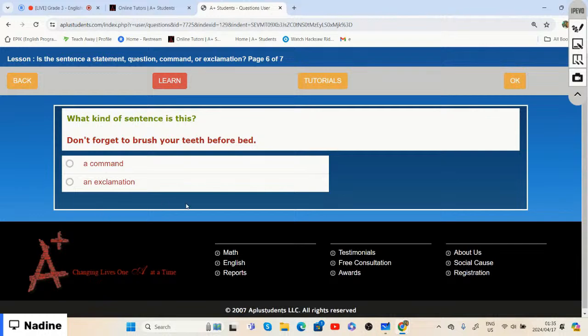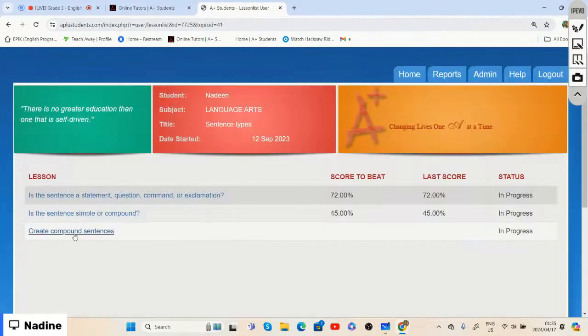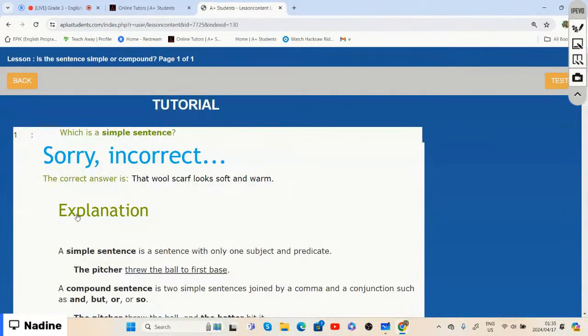All right, we're going to the next one. Then we need to now say, is this a simple sentence or is it a compound sentence, right?